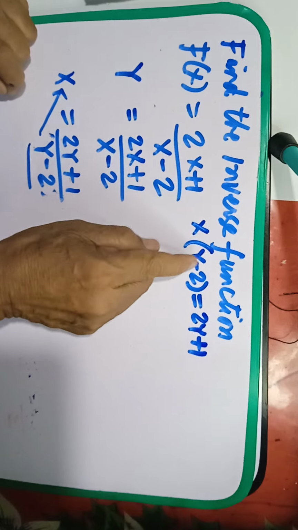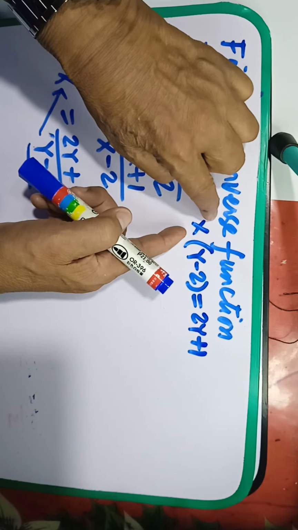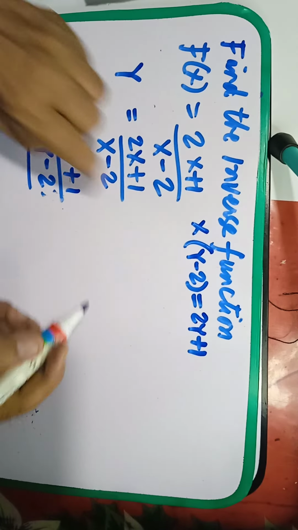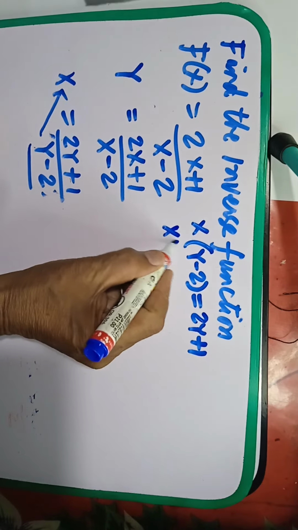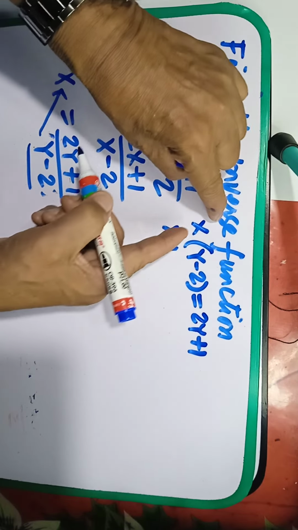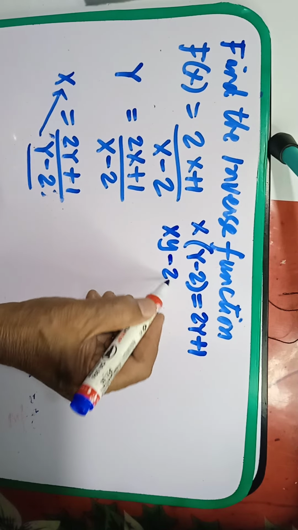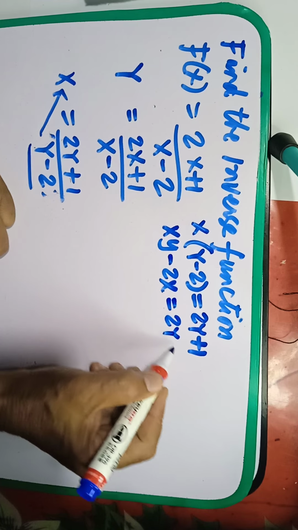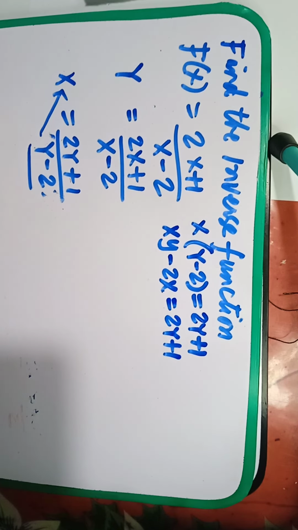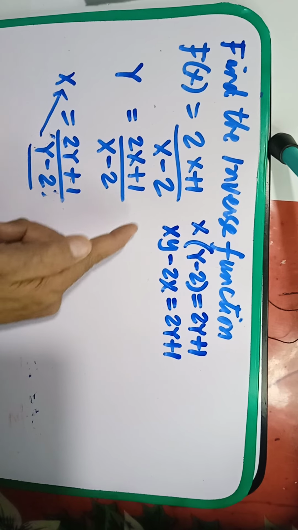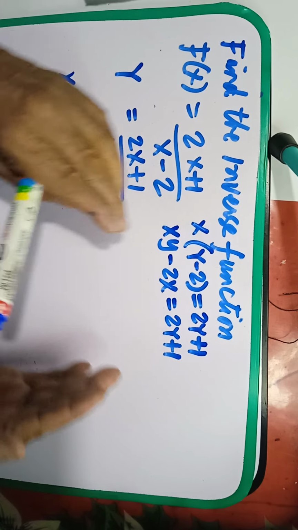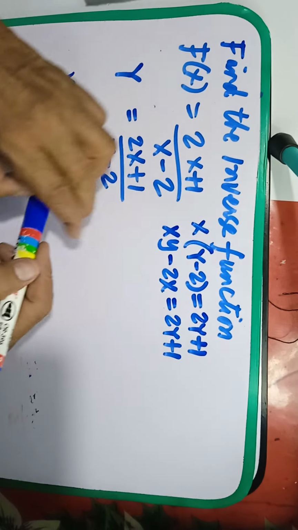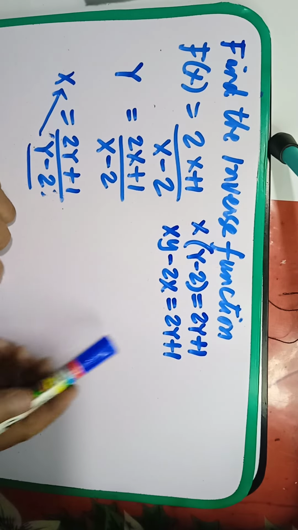After that, we multiply x to both y and negative 2. So we have x times y is xy. Then x times negative 2 is negative 2x. Copy the 2y plus 1. After that, we'll group all terms with y in the left side, this one, xy, and 2y, using the addition property of equality.